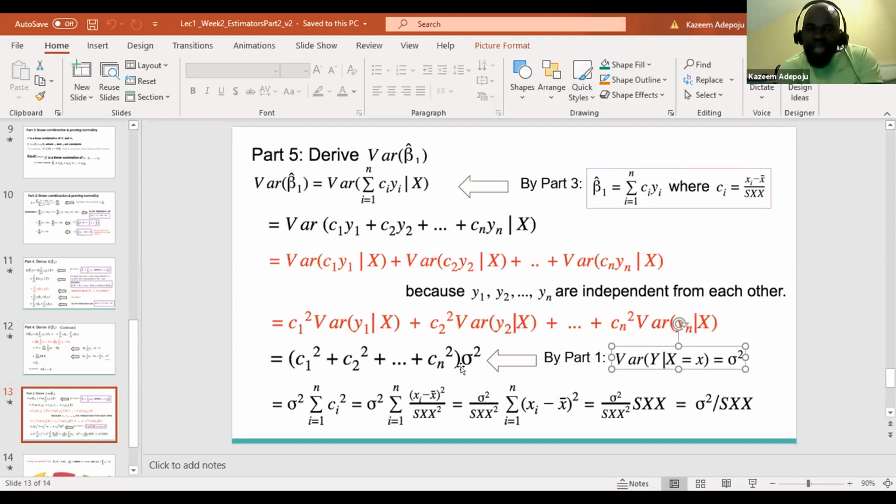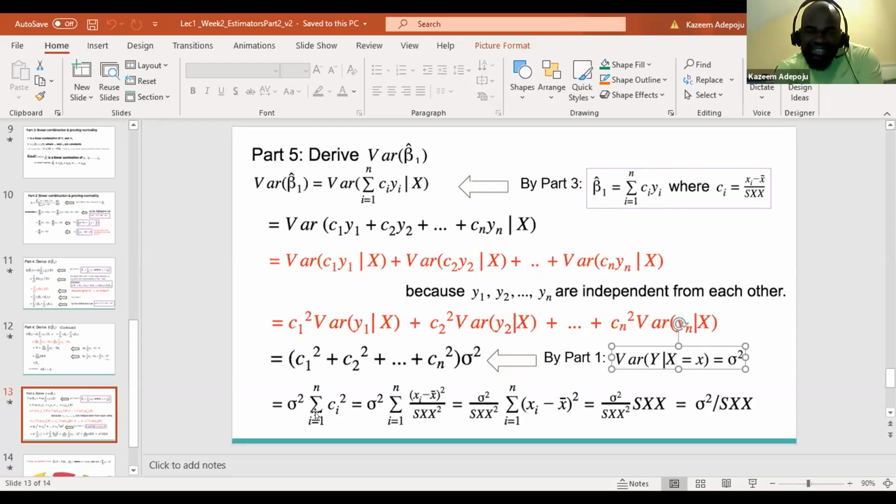Now I can bring my sigma squared out. When I bring my sigma squared to this side, let me write this one in the formula form. When I have C1 squared plus C2 squared up to Cn squared, I can return that back to summation Ci squared.